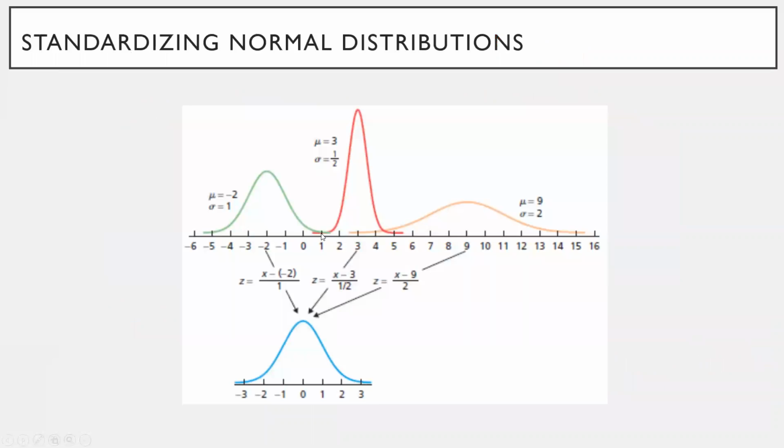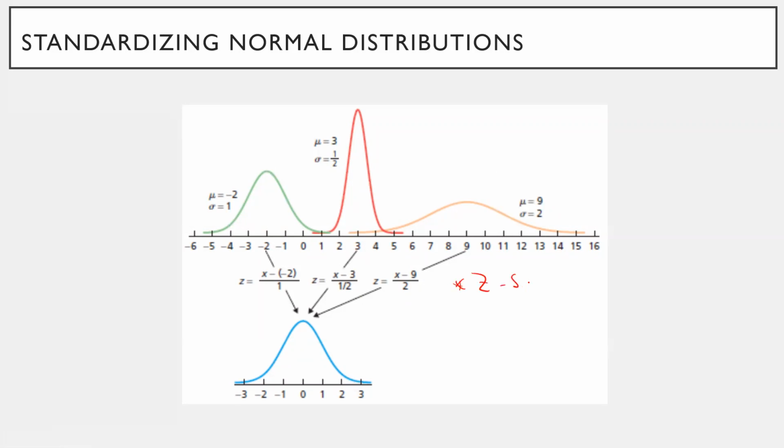Okay, so what's really amazing here is you can take any normal distribution. This one here is mean -2, standard deviation 1. This red one here has mean 3, standard deviation 1/2. This normal curve here has mean 9, standard deviation of 2. And when you take the values of these normal curves and run them through the z-score formula, they always get transformed to the standard normal curve.